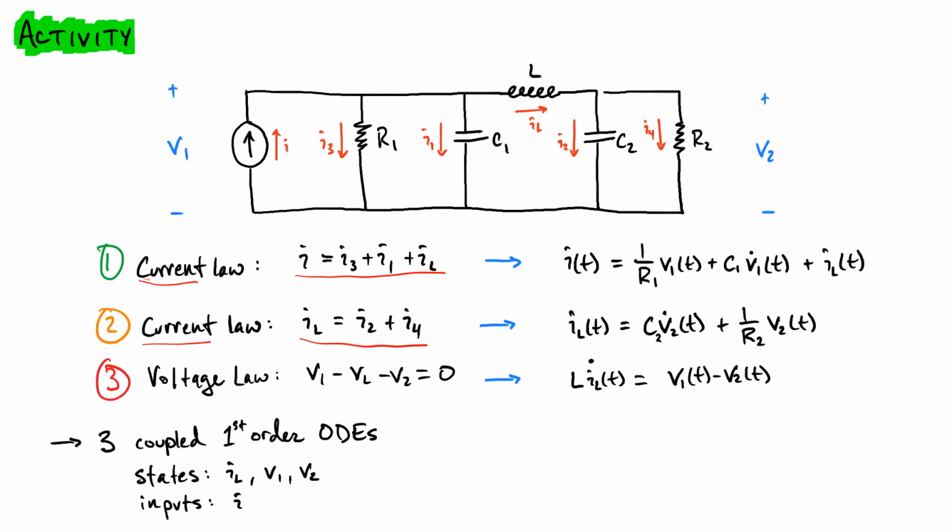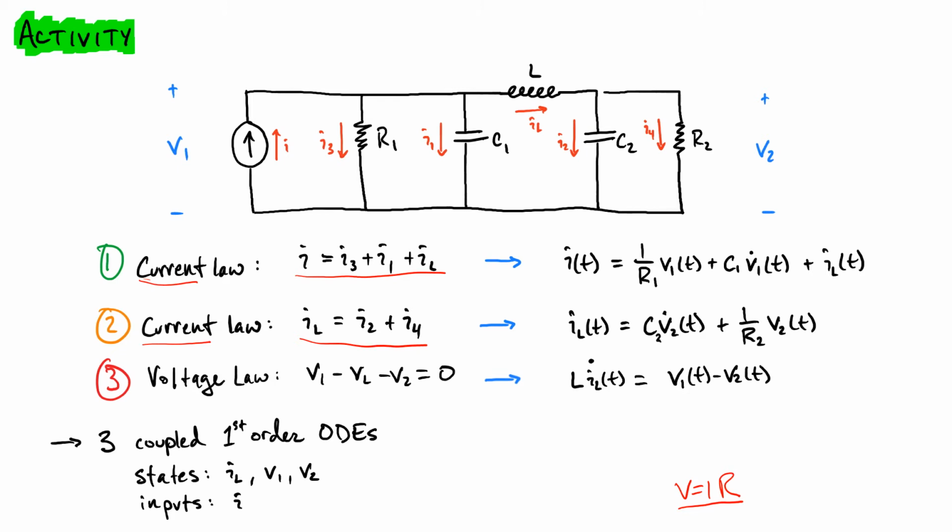In this case, we have two resistors, two capacitors, and one inductor. The resistors, because their circuit law is just V equals IR, have a static relationship that does not have a differential equation as part of it, whereas the capacitor and the inductor have derivatives involved.